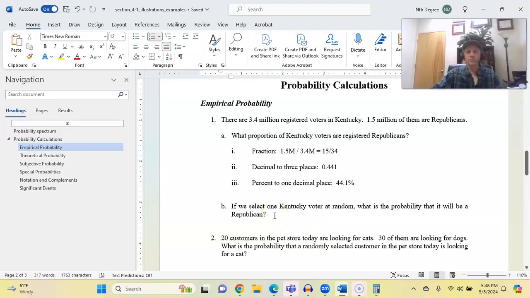So this one will really just be a question of credence. How confident would you feel that the next voter we choose will be a Republican? Well, remember, the best way to answer that question is to just borrow the proportion from the population that he or she is in. So 44.1% would be the same number here.